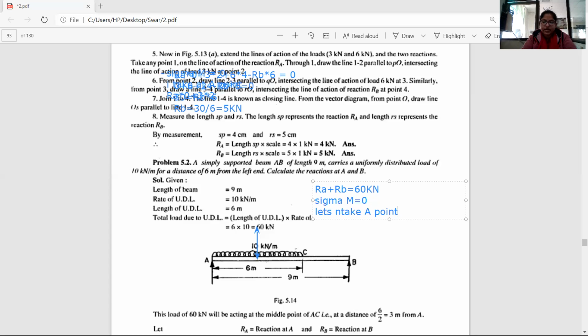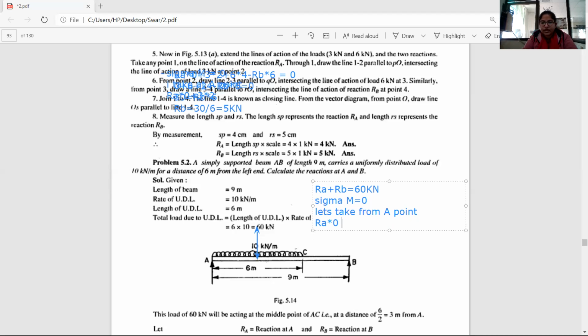From A point, Ra multiplied by 0. Why 0? There is no distance between this A and this support reaction. So Ra will be 0.